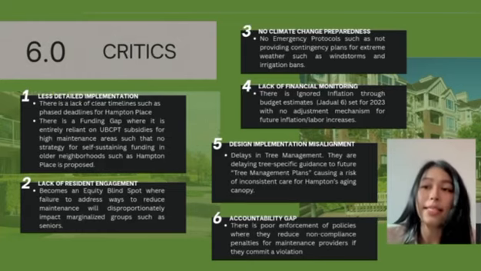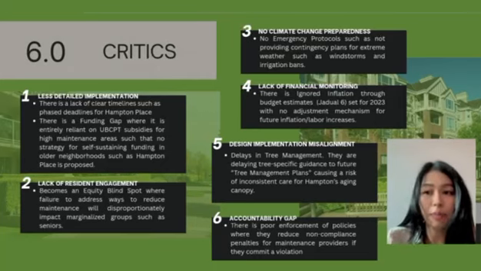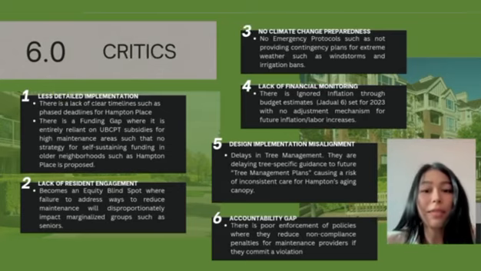Fifth, there is a design implementation misalignment, specifically concerning tree management. The plan defers specific tree guidelines to a future tree management plan. This delay poses a significant risk of inconsistent care for Hampton Place's aging canopy.